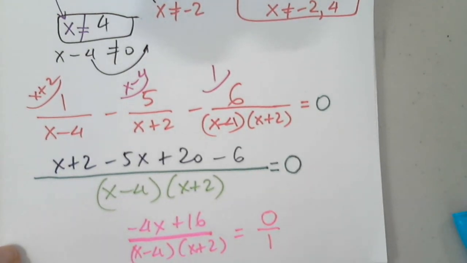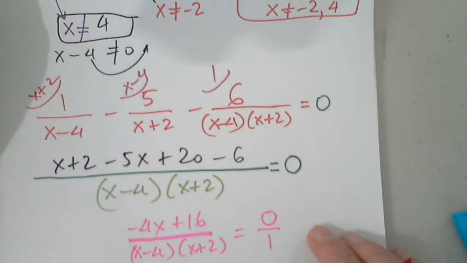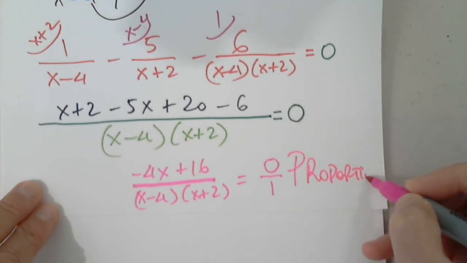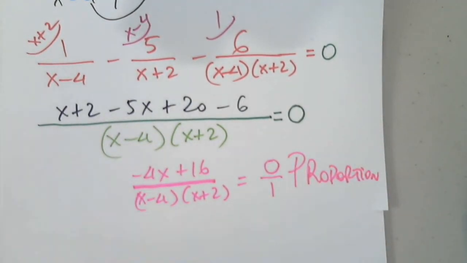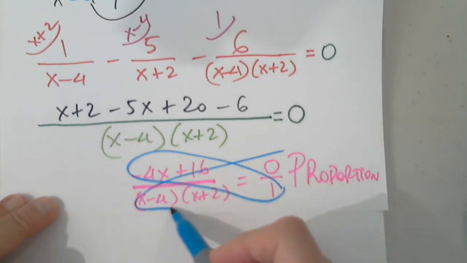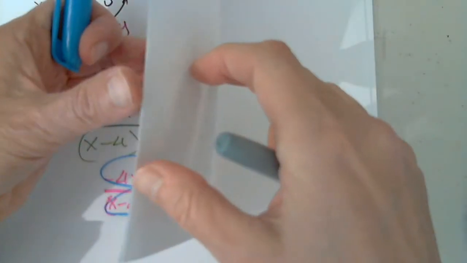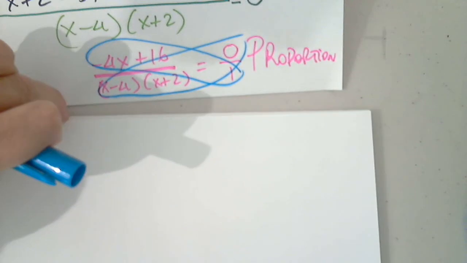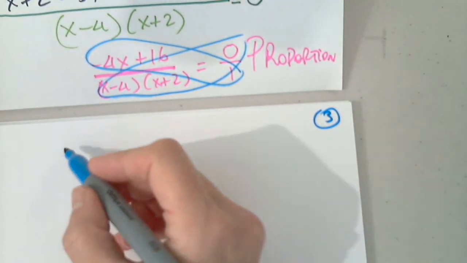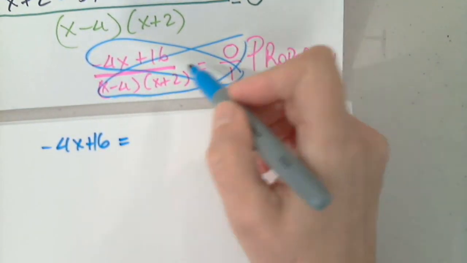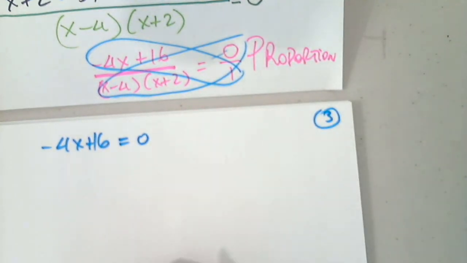I want to show two different options here. One option will be that this is a proportion. Only in a proportion we are allowed to cross multiply. This times 1 is negative 4x plus 16 equals this times 0. So negative 4x plus 16 times 1 must equal this times 0, which is 0.